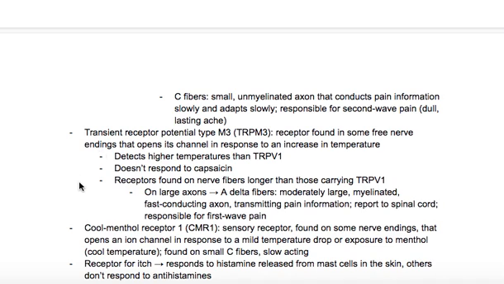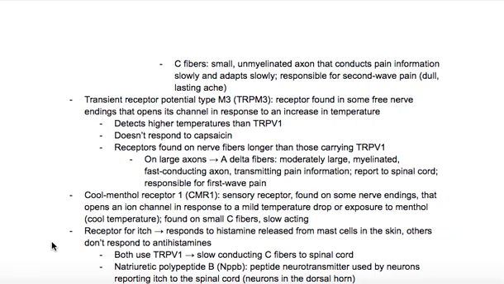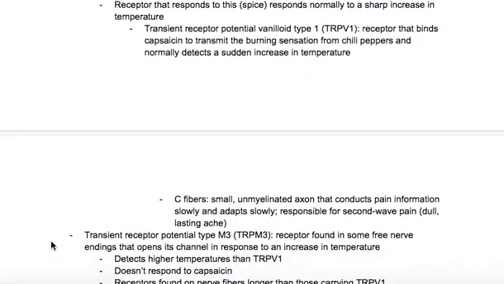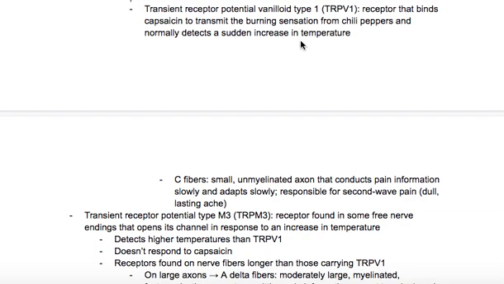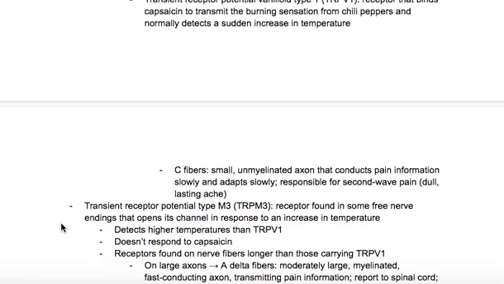TRPM3 receptors are found on longer nerve fibers than those for TRPV1, called A delta fibers, which are moderately large myelinated, fast-conducting axons transmitting pain information to the spinal cord, and they're responsible for first wave pain. So TRPM3 and TRPV1 are responsible for the detection of sharp increases in temperature. TRPM3 is first wave because it's faster conducting, and TRPV1 is second wave because it's slower conducting.